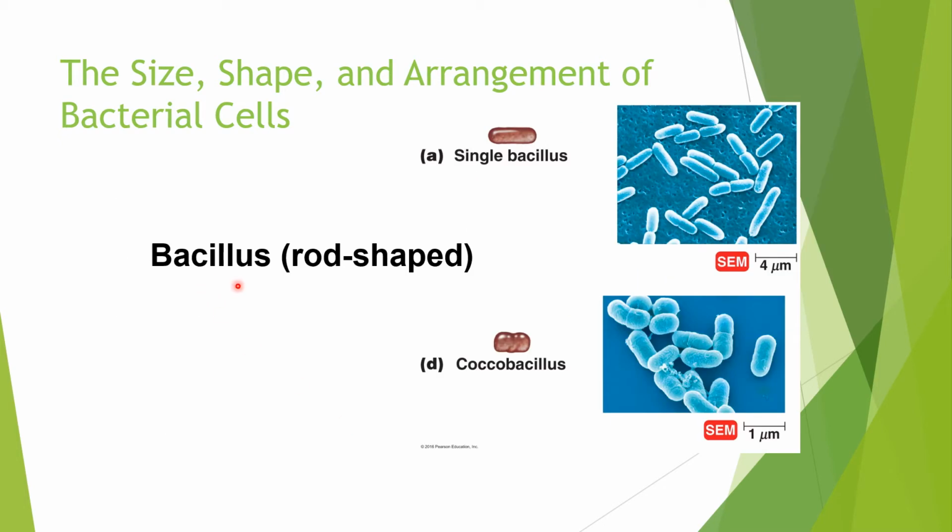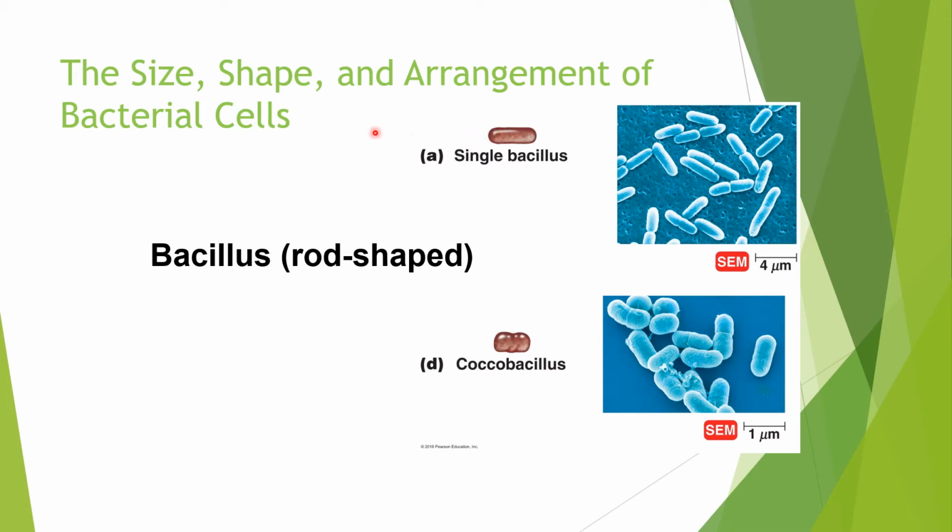Bacillus, those are bacteria that look like rods. If you have 2 rod bacteria attached to one another, we would call them diplo, so diplobacilli. So bacillus is singular. Remove the US and put an I, it would be bacilli, and that would be plural. If you have two of them attached to each other, you would call them diplobacilli.